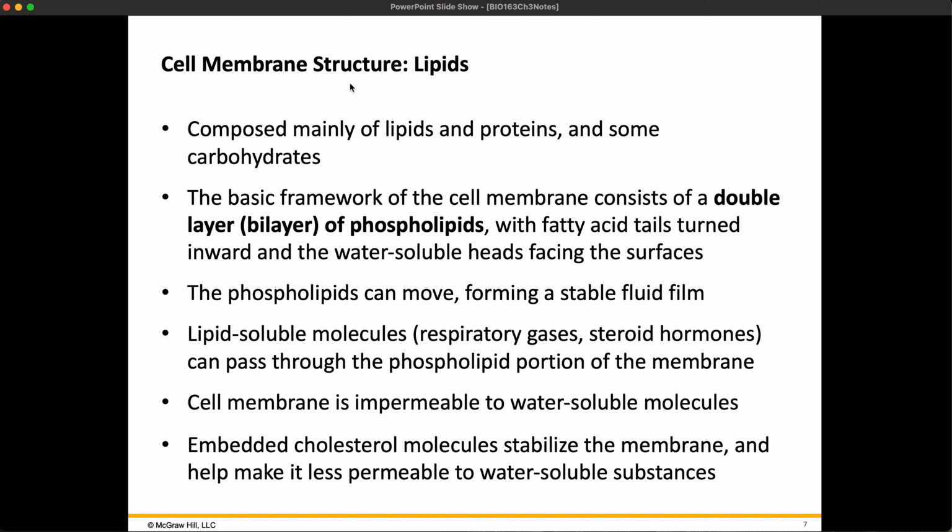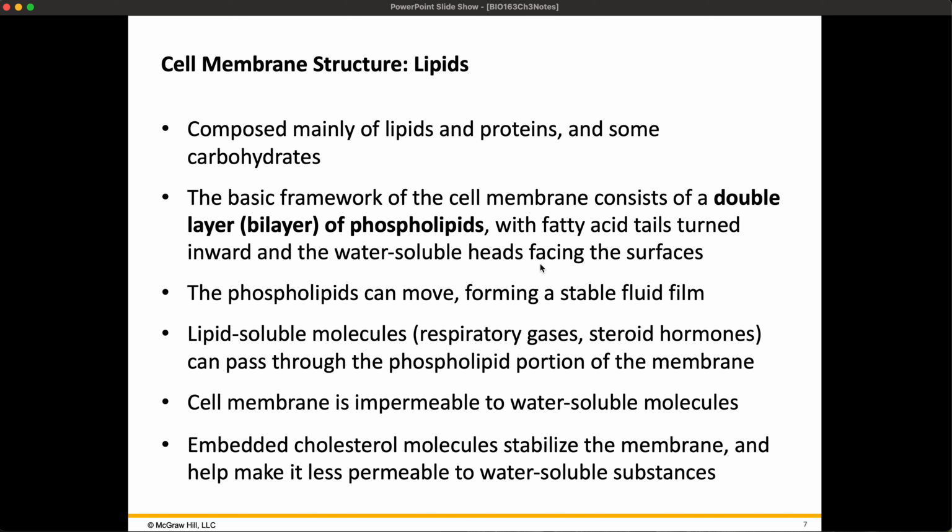So looking at the structure of the cell membrane, this plasma membrane, one common component is lipids. It's mostly composed of lipids and proteins, as well as some carbohydrates that get embedded in there. The basic structure is this phospholipid bilayer that has fatty acid tails and water-soluble heads facing the surfaces.